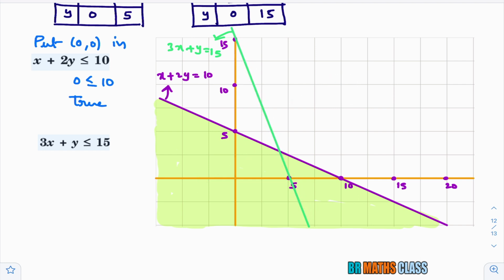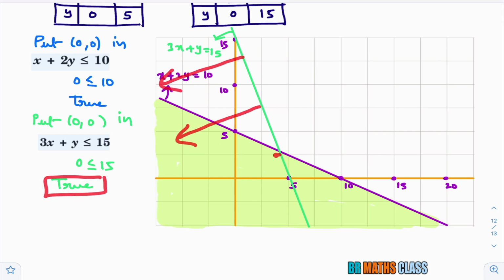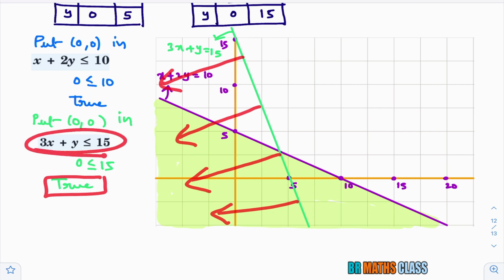So I'll put 0, 0 in this inequality. Then what you will get? 0 less than or equal to 15. Is 0 less than 15? Yes, 0 is less than 15. It is true. As it is true, we'll shade the origin side of this line. That means the origin side of this line is the solution of this inequality.